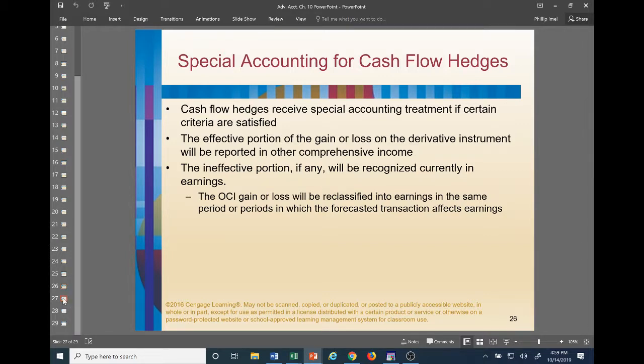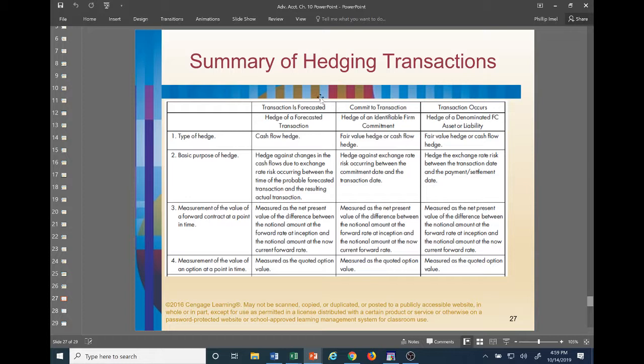And moving forward, the rest of this is just a summary of the hedging transactions between the transaction being forecasted, committed to, or occurring.